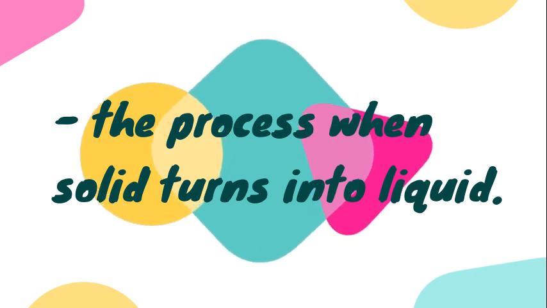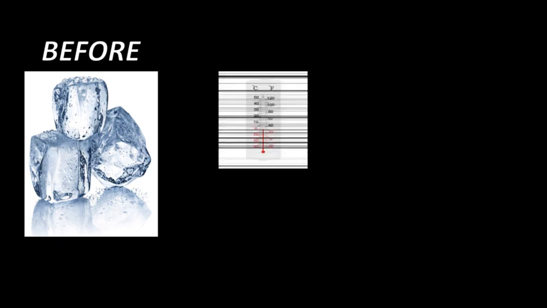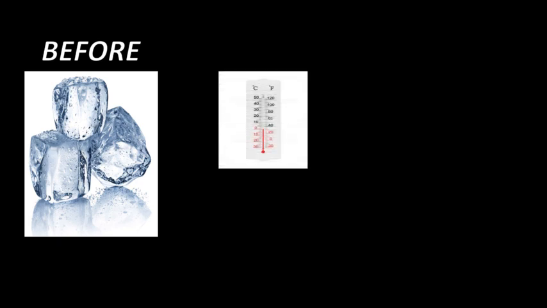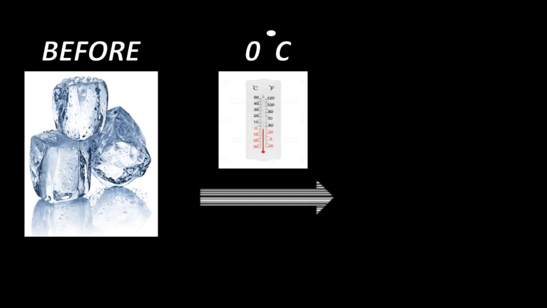So how does melting work? Given this example, we have ice, which is solid. The ice will be exposed to a certain temperature which is above 0 degrees Celsius.